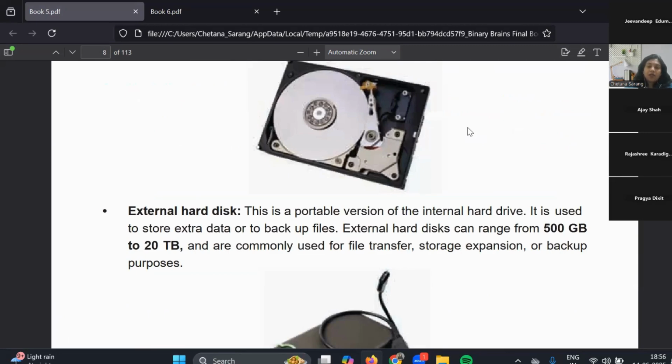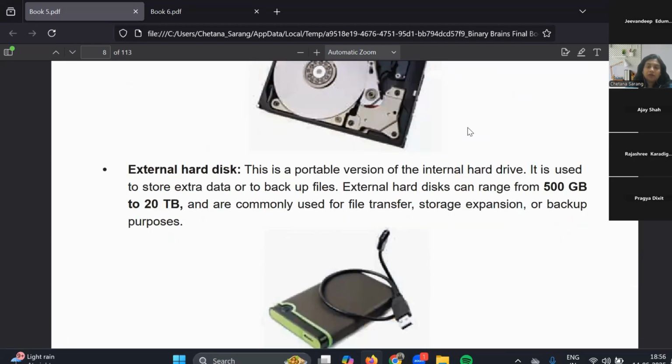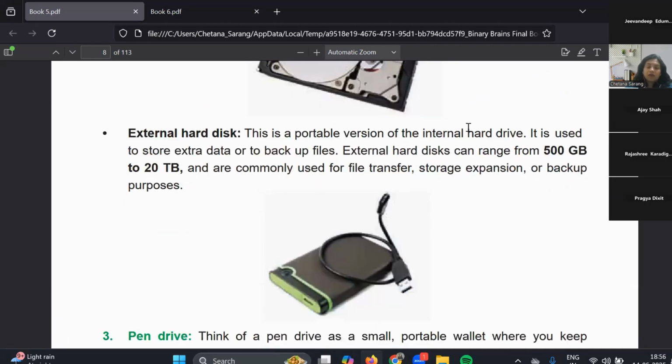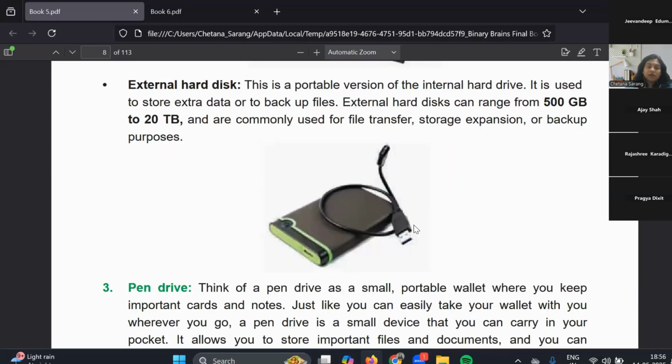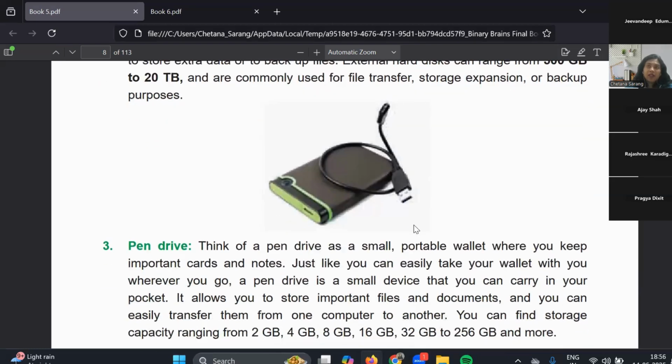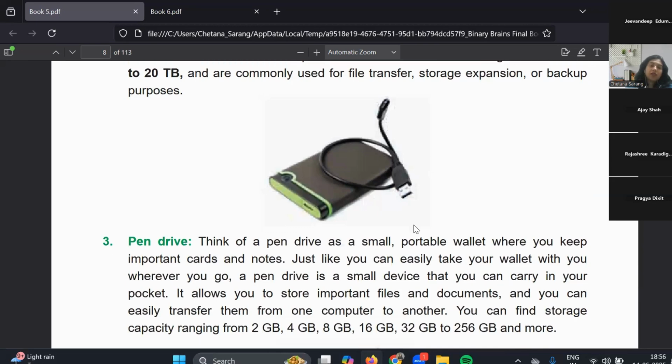The external hard disk is a portable version of the internal hard drive. We plug it in. The problem with all these is if they get corrupted, you cannot retrieve the data. Sometimes you can, sometimes you cannot. So there is always a risk. And carrying it physically or maintaining it is really a tough task.